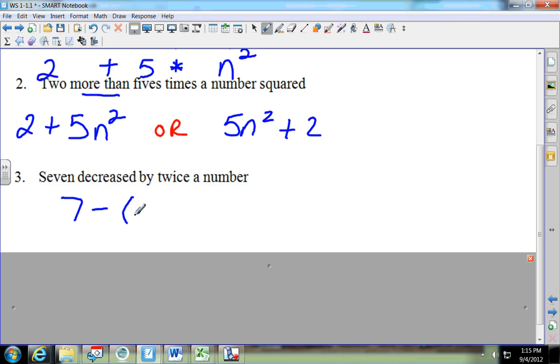You wrote a parentheses and you wrote what? What are we missing, though? Okay, it's not to the second power because that would be squared. Twice means to multiply. So you'd put it out front. Okay? So you could write it like this, or 7 minus 2n, 2x. It doesn't matter. But twice means to multiply. Okay, when it's an exponent, they'll use the word squared.